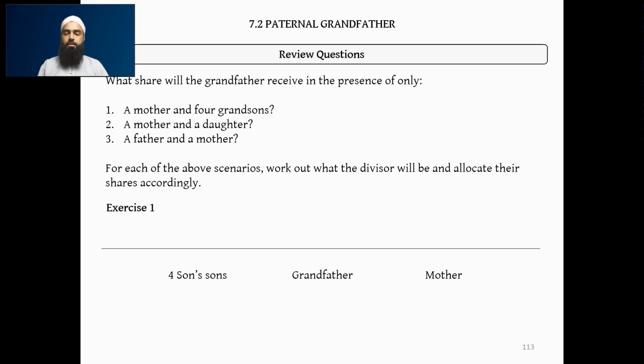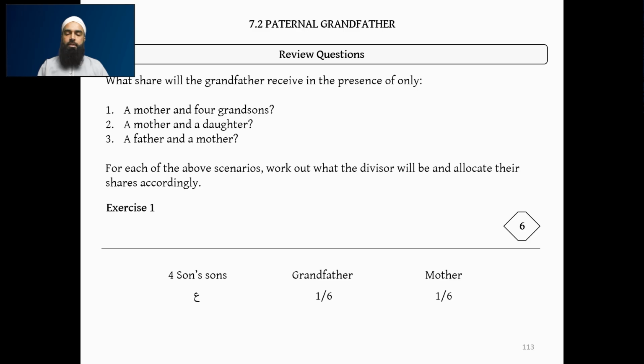To reveal the answer, because there is a child, mother receives a 6th. Grandfather, because again there's a son there, receives the 1/6 share only. And the 4 sons become the agnatic shareholders. So there are 2 fractions which are the same, 1/6, 1/6, so we just make the divisor out of 6.